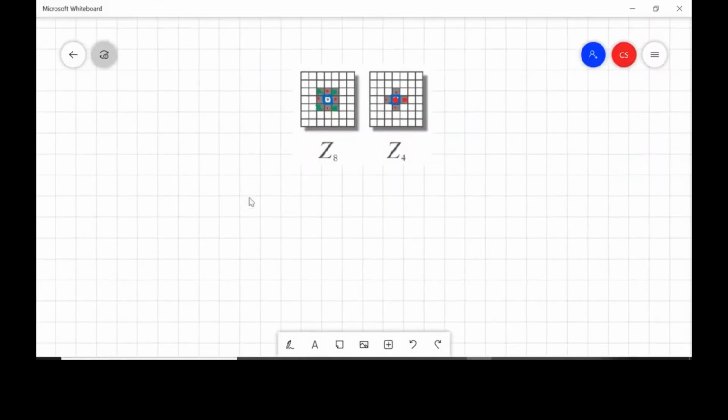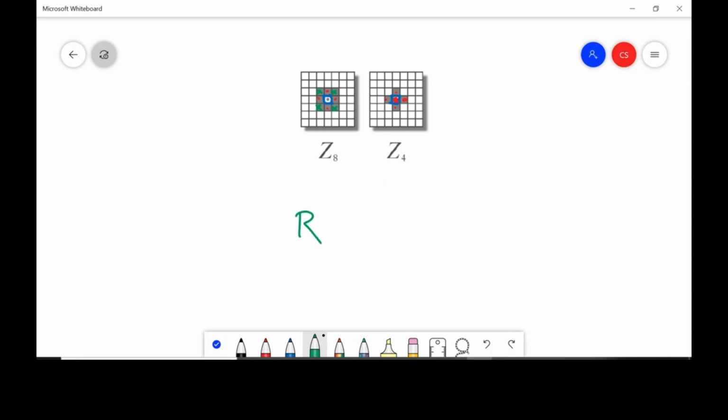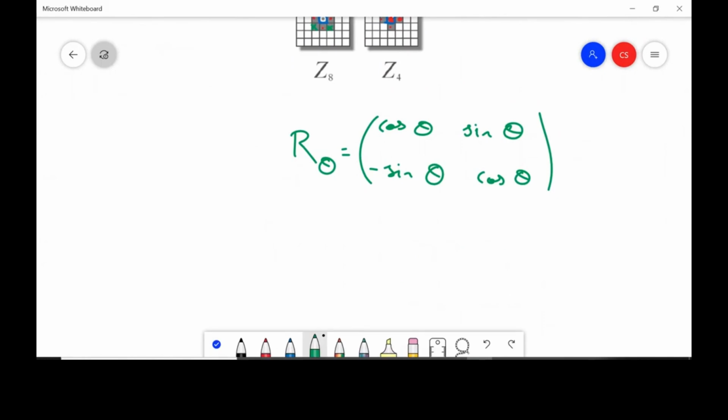You may easily see this if you think of the rotation matrix. The rotation matrix with an angle theta is cosine theta, sine theta, minus sine theta, cosine theta.